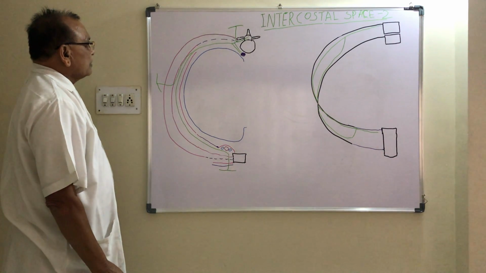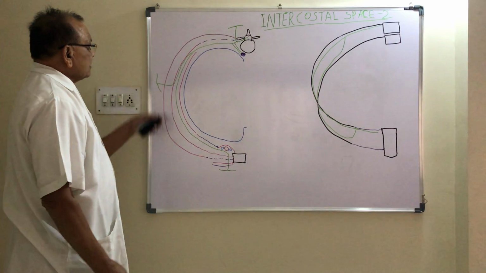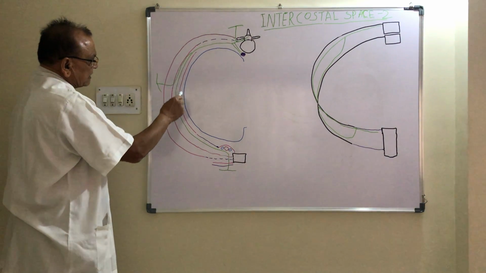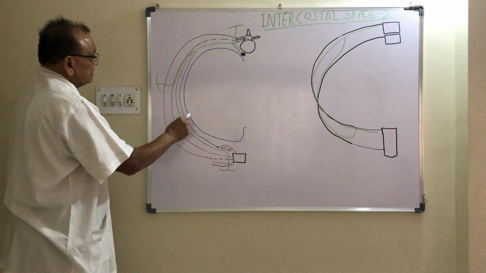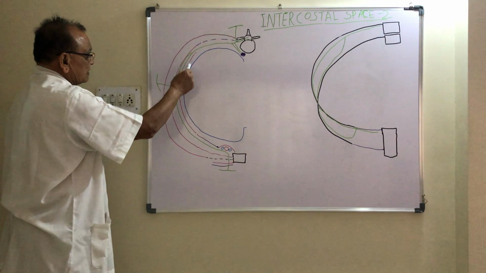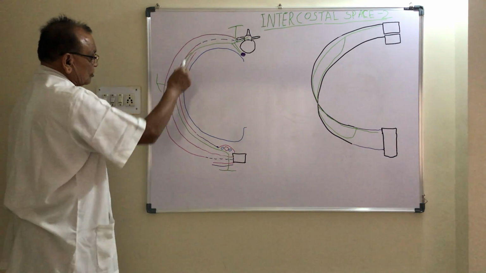Now deep to the internal intercostal muscle, this is the innermost intercostal muscle, and it is present only in the middle two-fourths of the space.